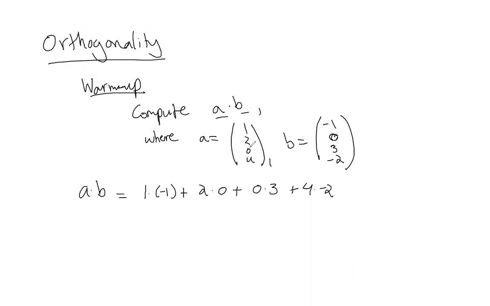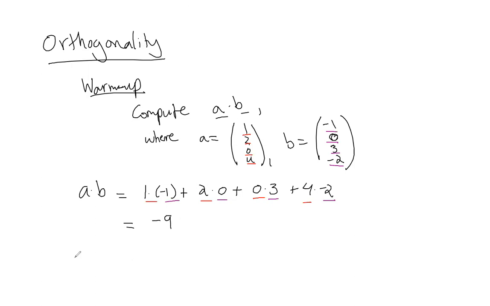And these are just coming from each of these entries. And you get some number. You get -1 minus 8, -9.